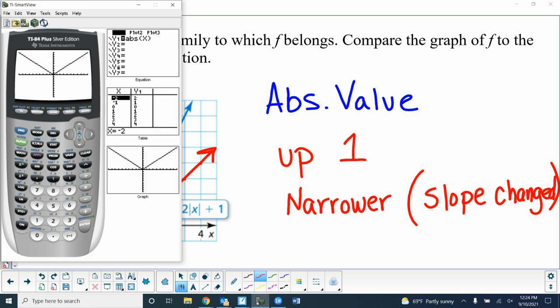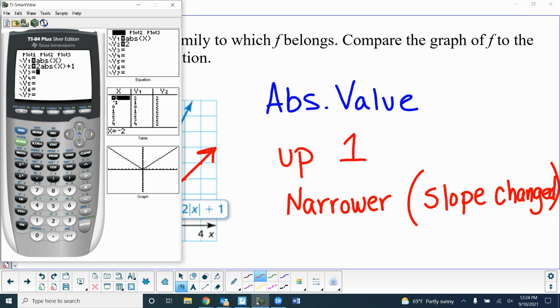All right? If we put this one in, the 2 times the absolute value of x plus 1, go back to your y equals, hit enter, put your 2 in, and then how do I get absolute value again? What's first? Math, right arrow key for number, the first one. So 2 times the absolute value of x, close it up, plus 1.